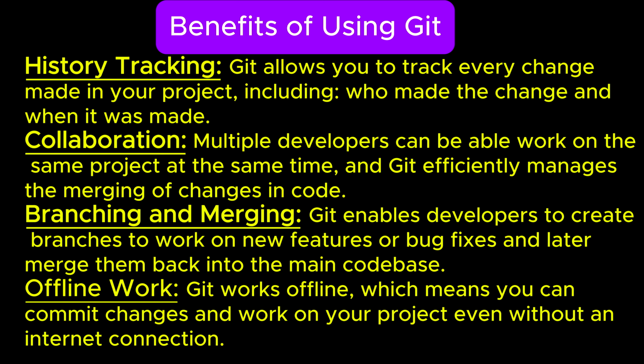You can create more branches, and you can also work within the same branch but on different files. Then you have to commit your own changes and then you can merge. Like branching and merging, Git enables developers to create branches to work on new features or bug fixes and later merge them back into the main code base.